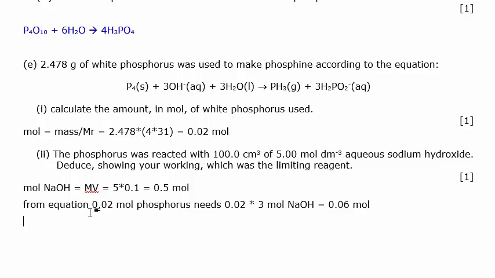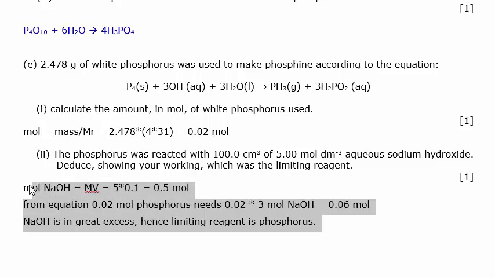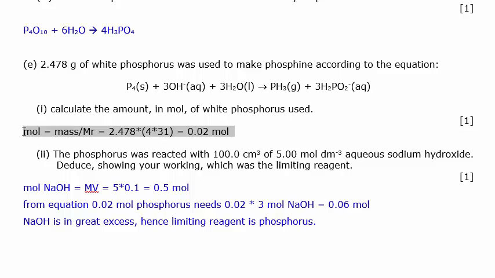Well, you can see that the NaOH is in great excess, hence the limiting reagent is phosphorus. And there we show the limiting reagent, phosphorus. I forgot to make this one nice and blue here, didn't I? There we go. Alright.